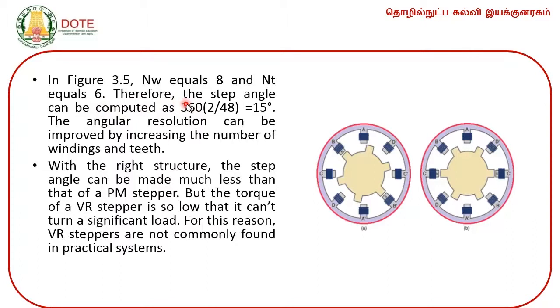Therefore, the step angle is 360 degrees times 2 by 48, which equals 15 degrees. The angle resolution is improved by increasing the number of windings and teeth. So, each step is determined by the number of phases and teeth.